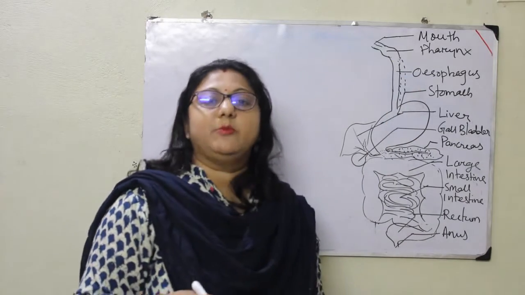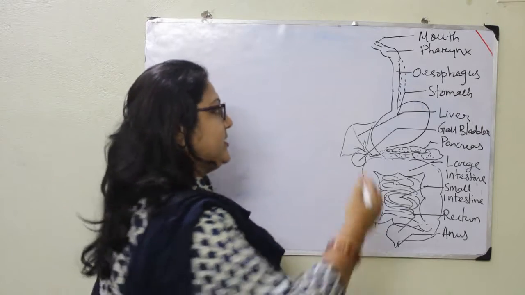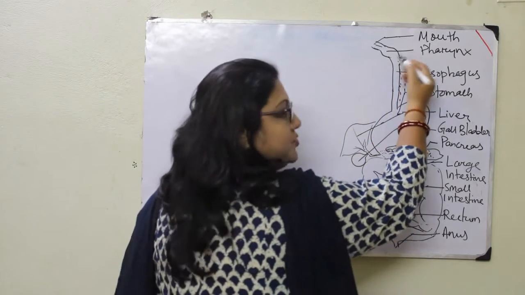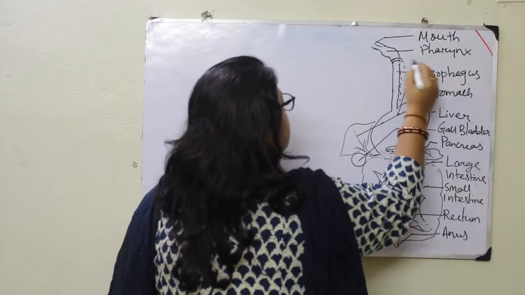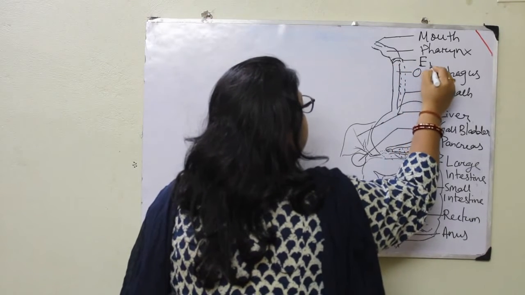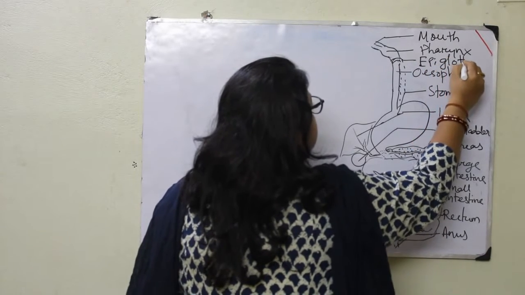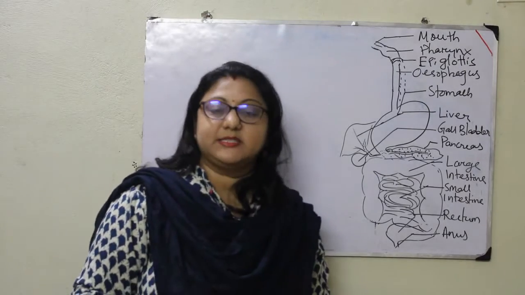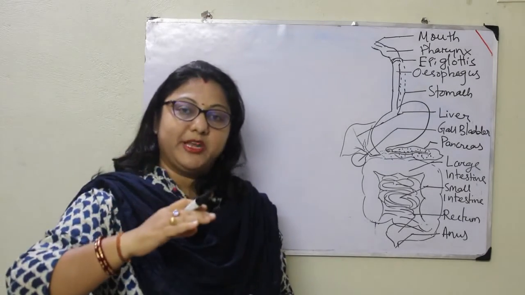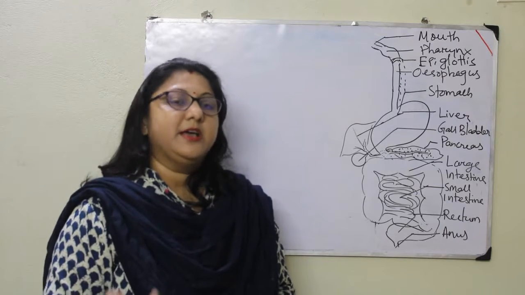So as it is a common passage, there is a muscular flap like structure which guards these two openings. So that flap is called epiglottis. The flap is called epiglottis, which guards the opening of both the esophagus as well as the windpipe.